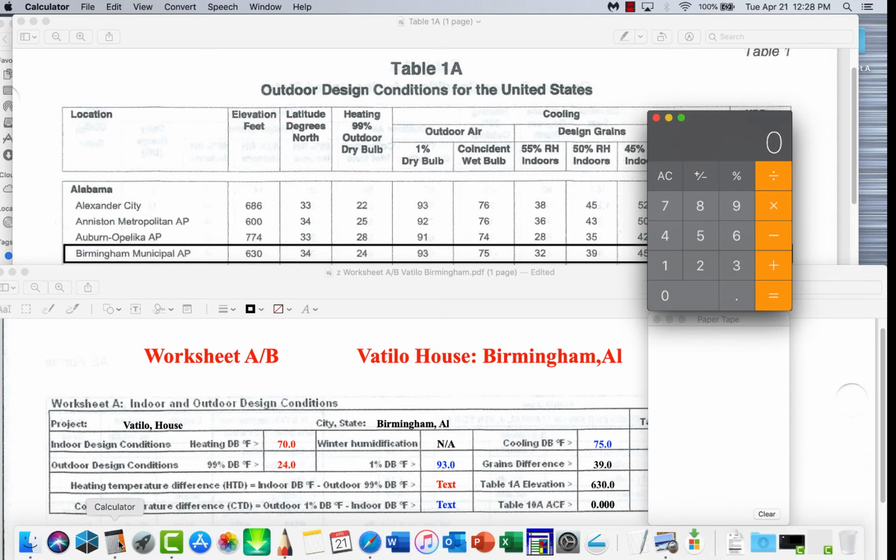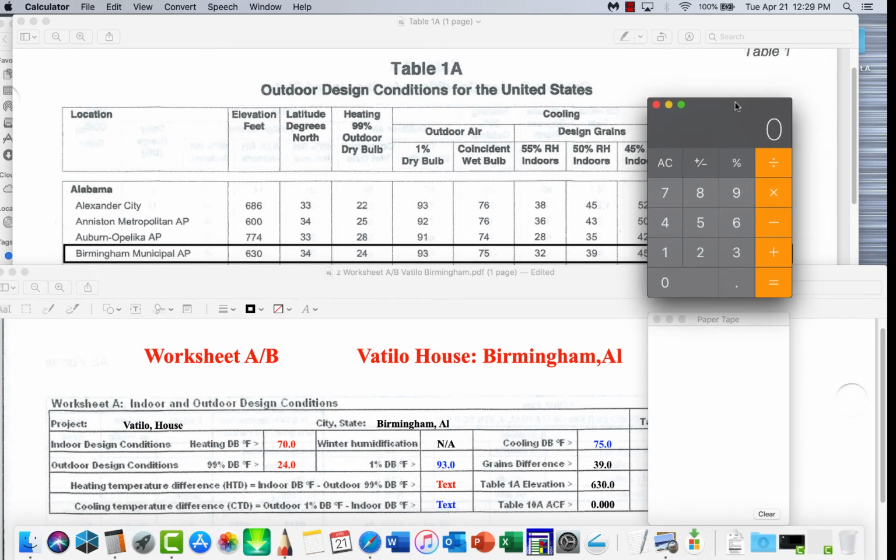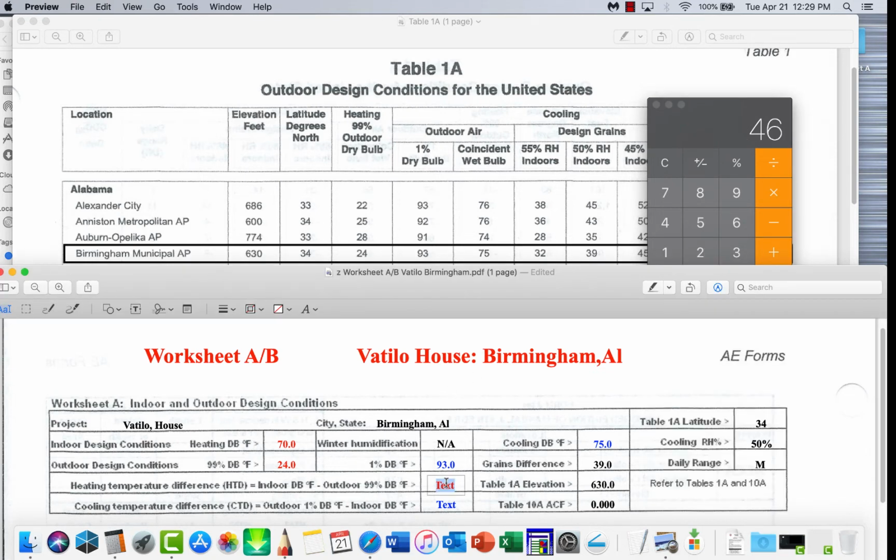So this is where your calculator comes into play, and I've got the little paper pad down below it so it keeps track on there. So 70 minus 24 degrees, we get 46 degrees. So our HTD will be 46 degrees.